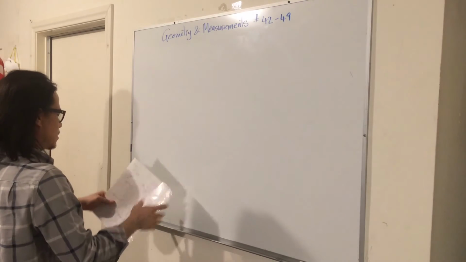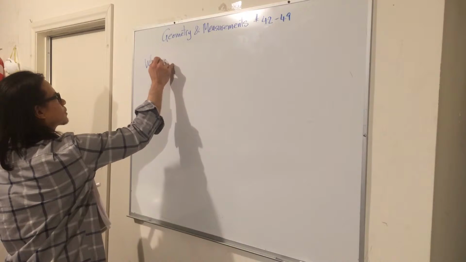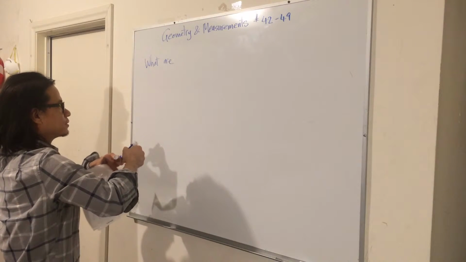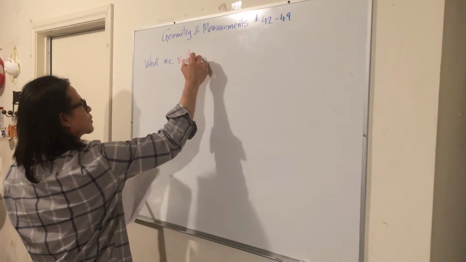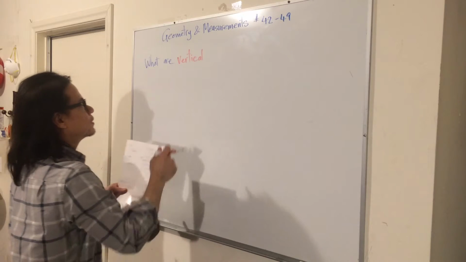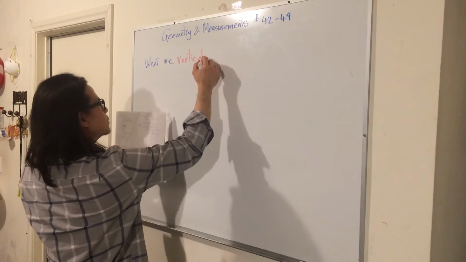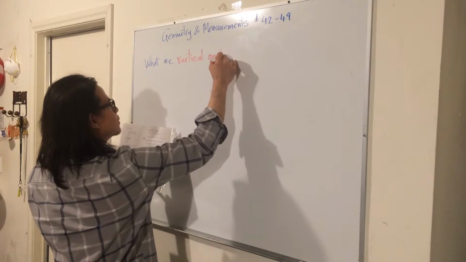So, again, what are vertical angles? I always get vertical and horizontal confused here.